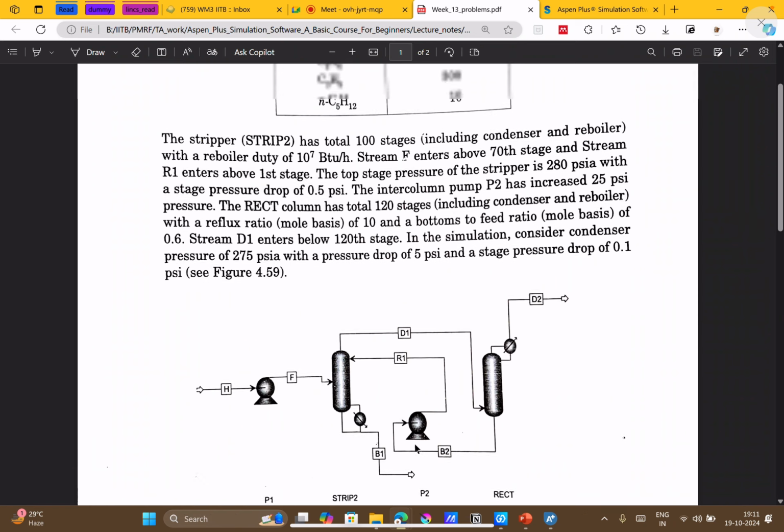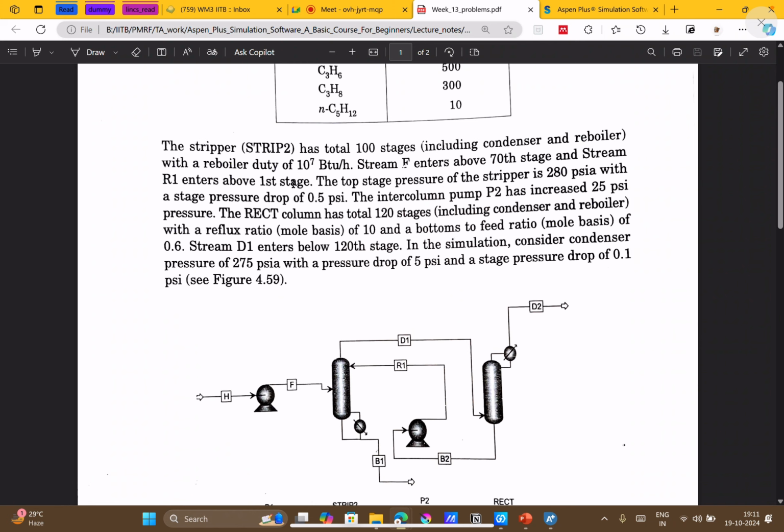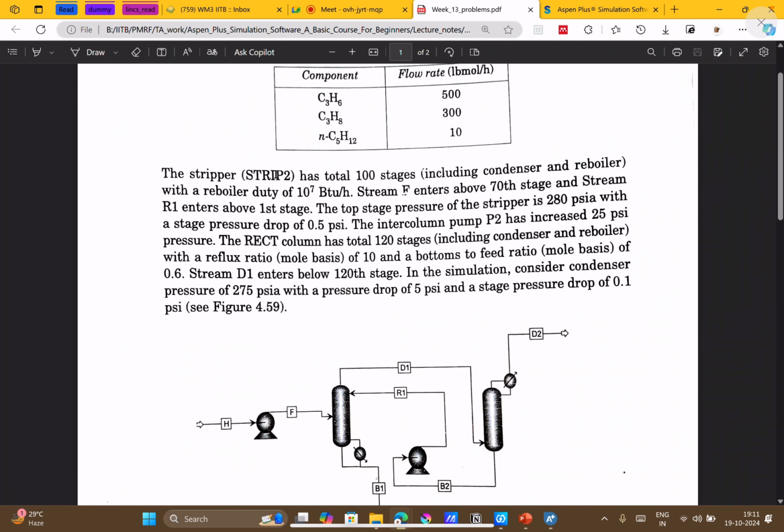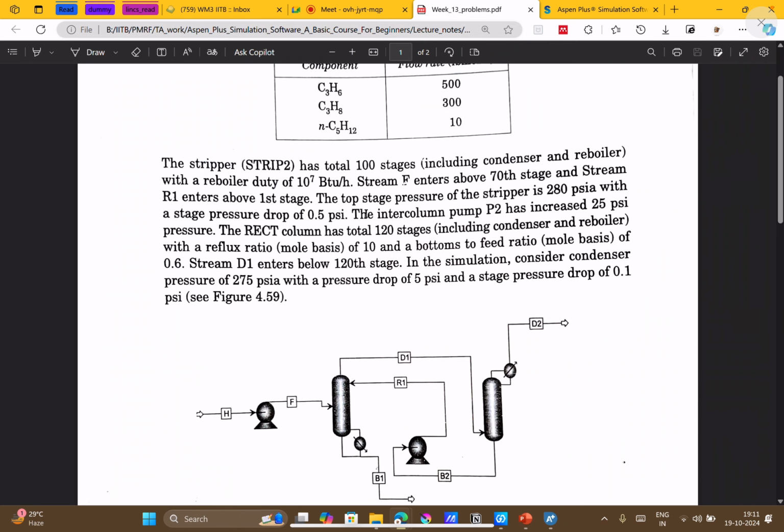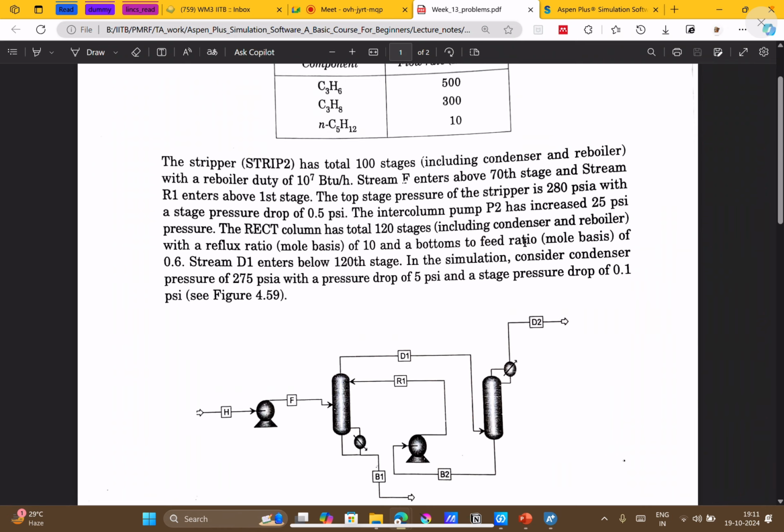So you have a stripper and you have a rectifier. Now the data for the stripper and rectifier is given: the stripper has a total of 100 stages including condenser and reboiler, with a reboiler duty. The stream F enters, and the stage locations are given. R1 enters above the first stage, and the top stage pressure is given, along with each stage pressure drop. The pump P2 increases pressure by 20 psi. So all these specifications are given.